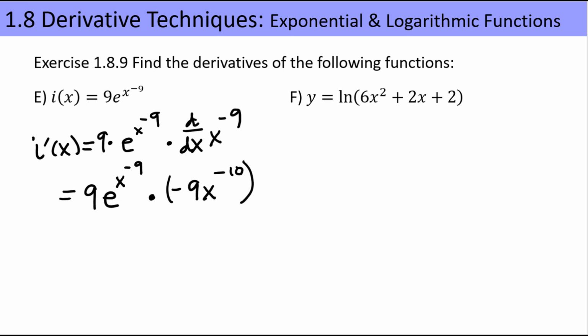Let's clean this up just a little bit, and we would have positive 9 times negative 9 is negative 81. We have e to the x to the negative 9, and we can write the x to the negative 10 in the denominator as x to the positive 10.